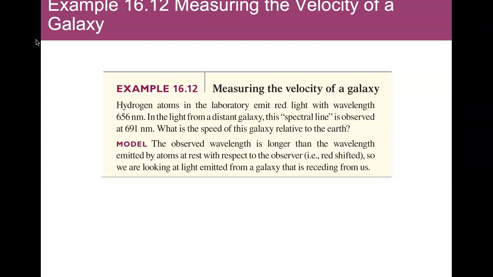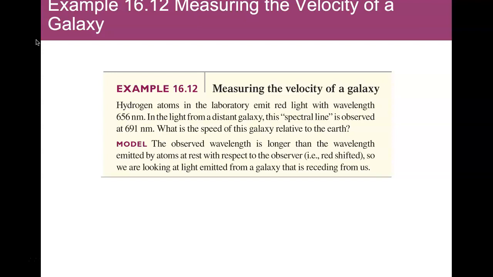So the idea is that hydrogen atoms in a lab emit red light with wavelength 656 nanometers. That just has to do with the energy levels of a hydrogen atom, and they emit light because you have electrons transitioning between these levels.